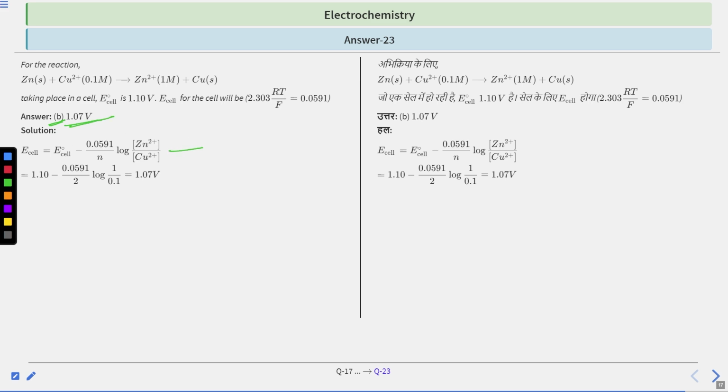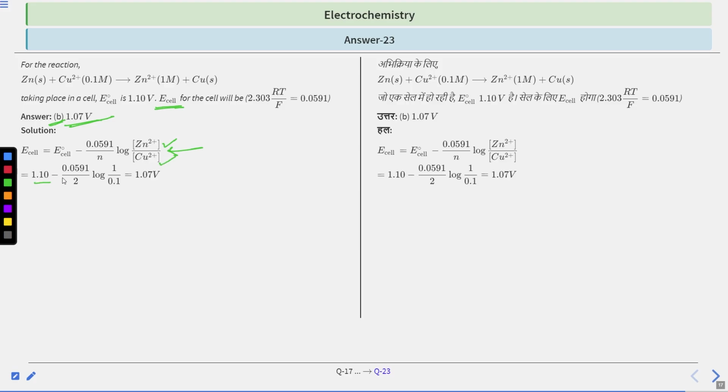So again, we apply the Nernst equation for finding the E cell value. E cell equals E naught of cell minus 0.0591 divided by n log of the product or oxidized state upon the reduced state. So zinc 2 positive upon Cu2 positive. We have been given the concentration for Zn2 positive as well as Cu2 positive, and the E naught value is also given.